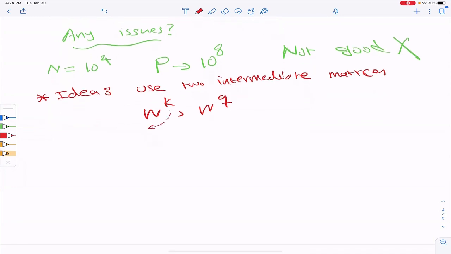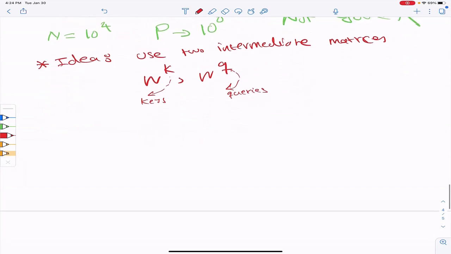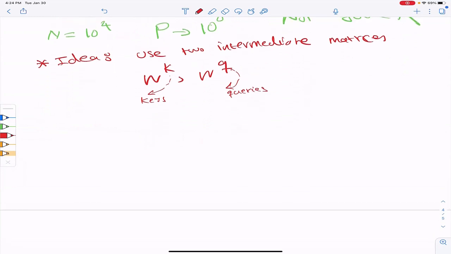K, roughly speaking, refers to keys, and Q for queries. But these are just matrices.